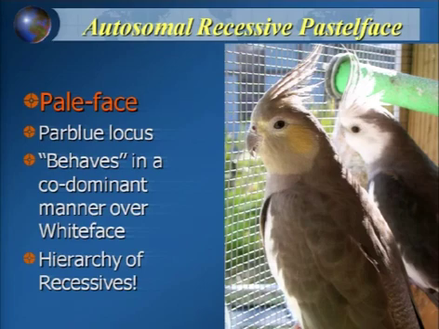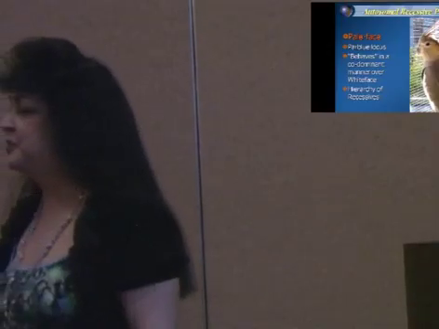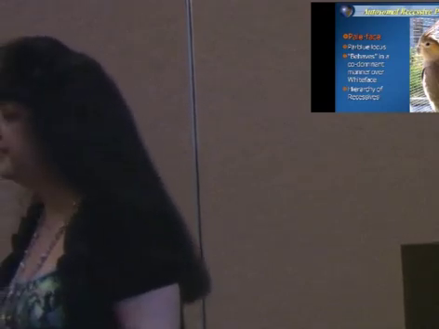Now, it's interesting when you work with pastel face, also known as pale face genetically, that it's on the parblue locus. So it does interact with white face. And this is where we get a lot of confusion because people say that pastel face is dominant over white face, and that is not true. Both pastel face and white face are autosomal recessive mutations.